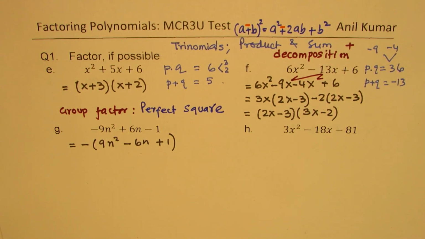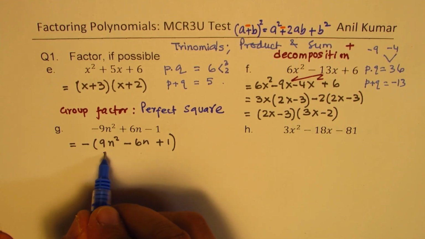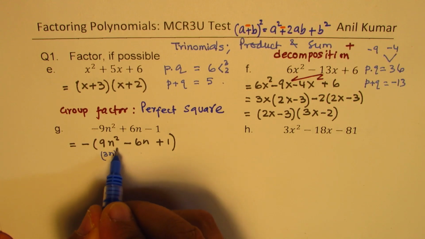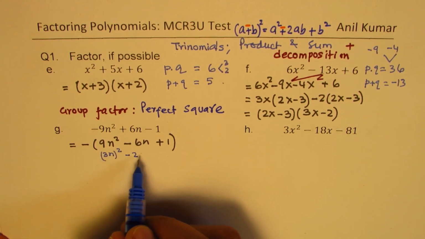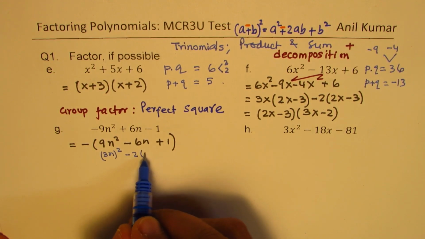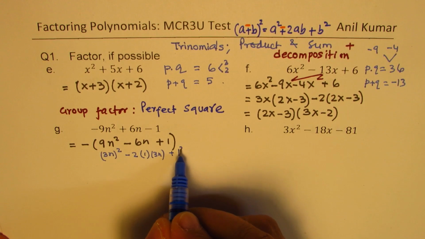You all know this formula. So that is what this perfect square is. You will notice that 9n squared could be written as 3n whole squared. This center term is minus 2 times 1 times 3n, and the last term here is 1 squared.